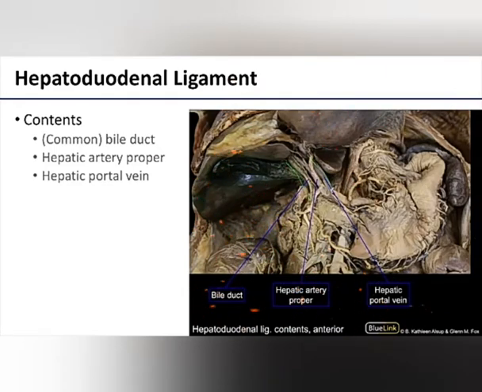The three major constituents of this hepatoduodenal ligament are the bile duct, or the common bile duct, the hepatic artery proper, HAP, which then divides into the left and the right branches of the hepatic artery proper, as well as the hepatic portal vein, which is draining all of the blood from the gastrointestinal tract and delivering it to the liver for processing.